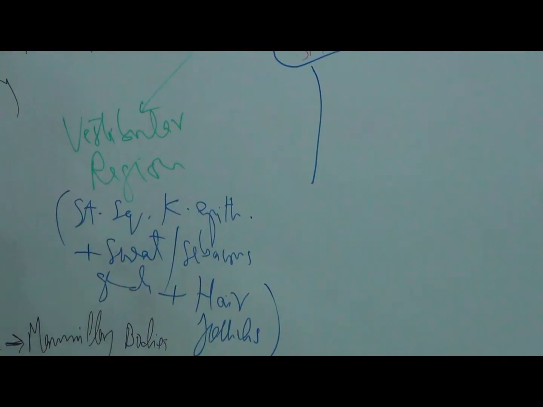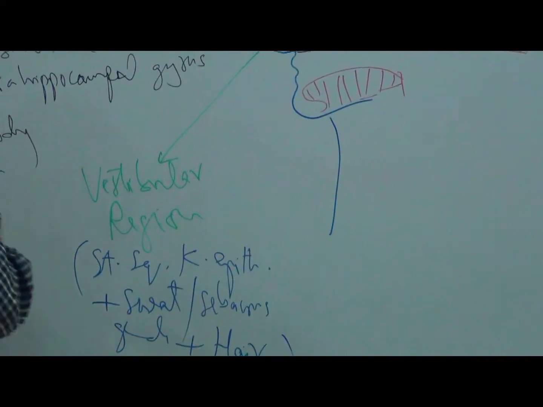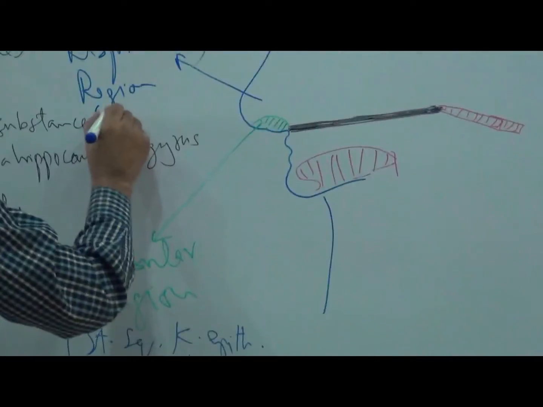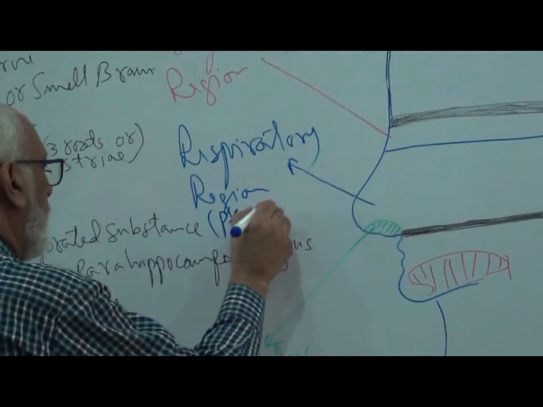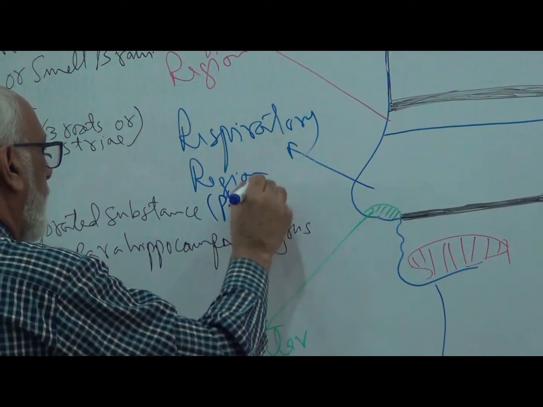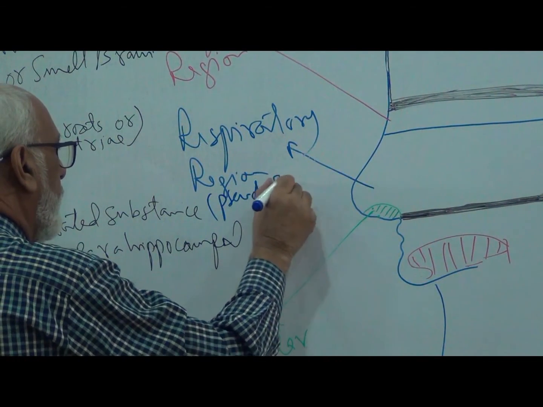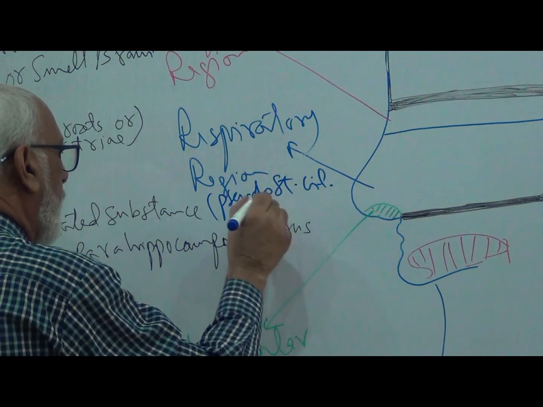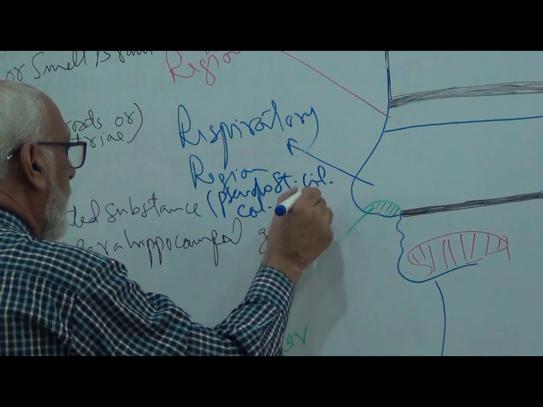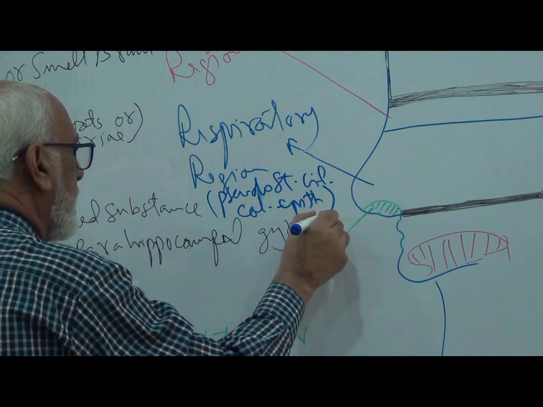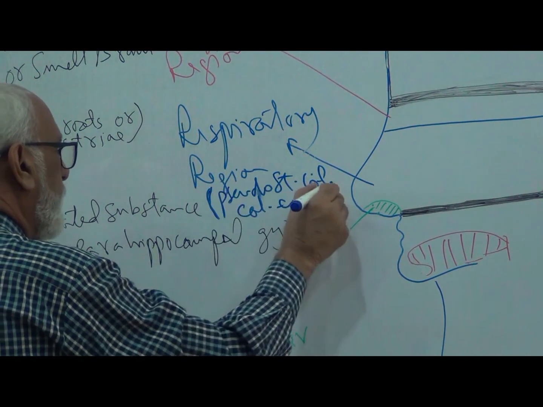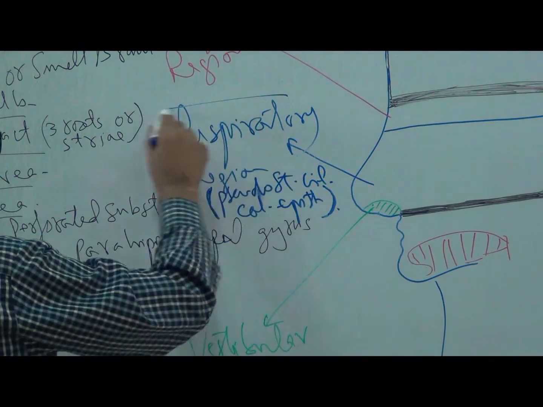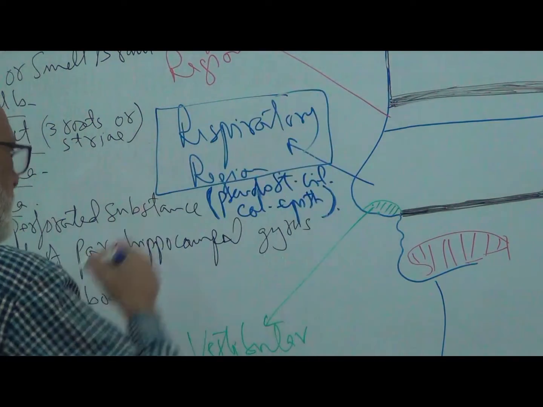Then the respiratory region is lined by pseudo-stratified ciliated columnar epithelium and mucus secreting goblet cells.